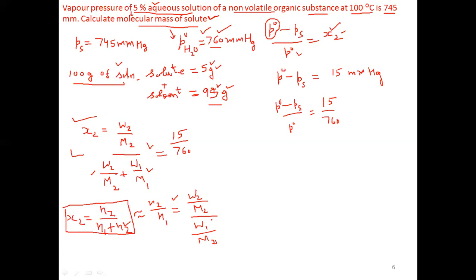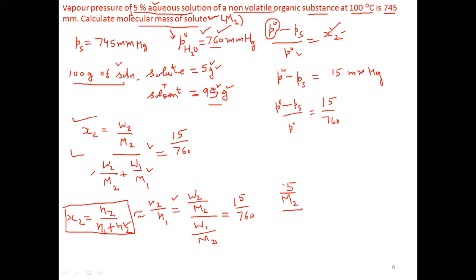Now x2 is equal to w2 by m2 divided by w1 by m1. It is equal to 15 divided by 760. Now let us put the values. W2 we know, W2 is 5. M2, we have to calculate the molecular weight of solute, which is denoted by M2.